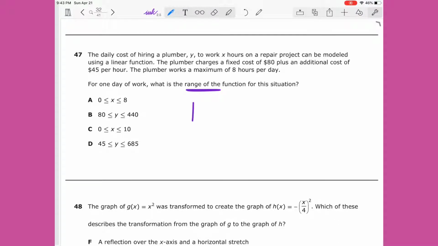Okay, so let's talk about this. I'm going to draw a graph. And this is our y, and this is our x. And our x is going to be representing the number of hours, and the y is going to represent the money.